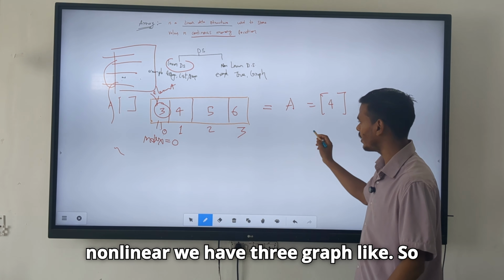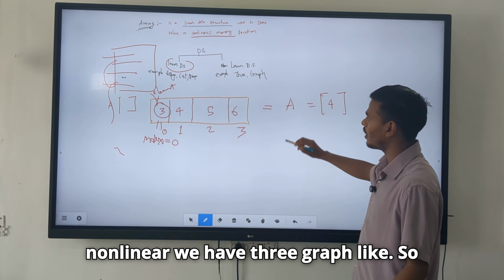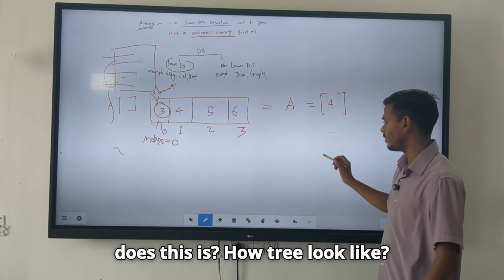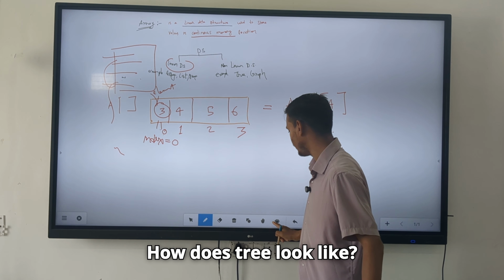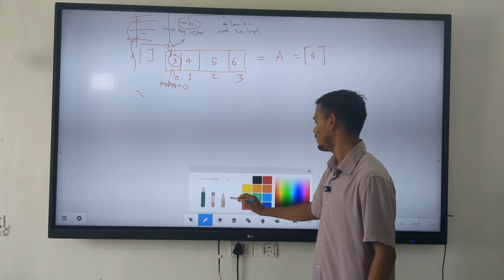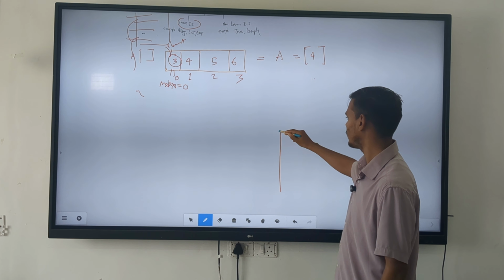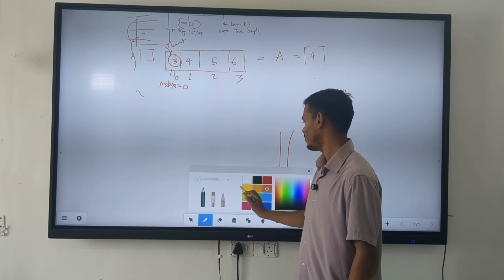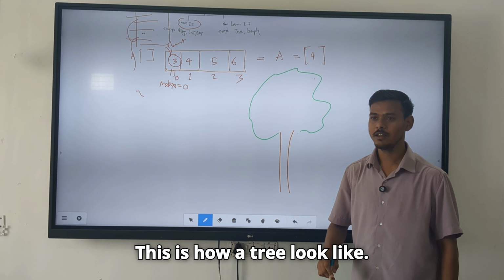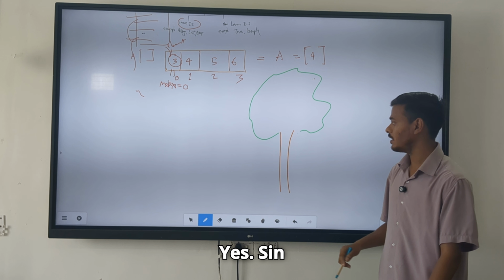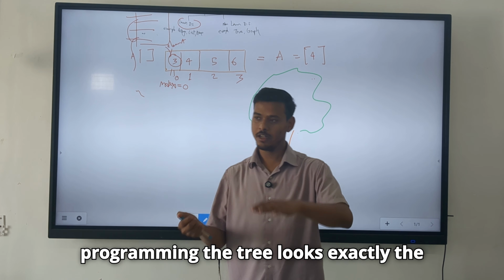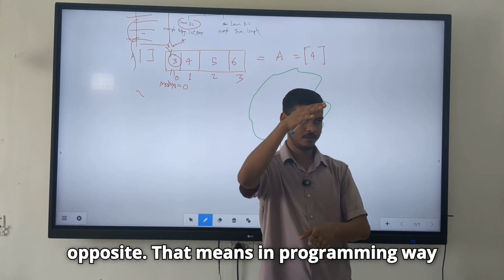Now let's look at the non-linear data structures. In non-linear we have tree and graph, right? How does a tree look like? Let's draw one tree. This is how a tree looks like. In programming, the tree looks exactly the opposite.